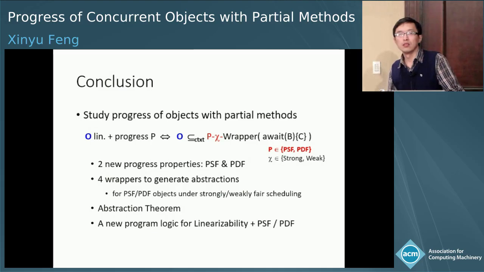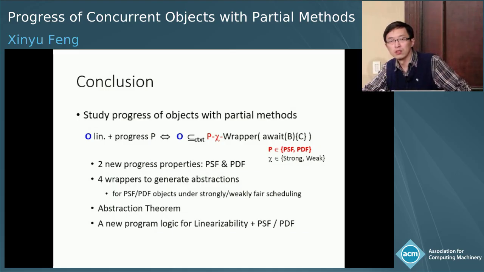So if I have some other implementation of locks, how would your techniques help me figure out what liveness properties they have? So basically you're asking whether the PSF and PDF may not be complete enough to cover all cases. Is that the question? That's one of the possibilities, yeah. Okay, well, I don't know. We certainly don't claim completeness, but we think it's enough to cover the examples we have.